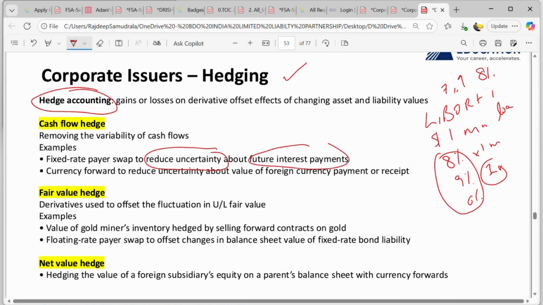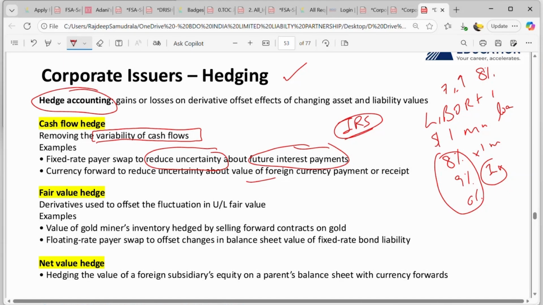So this variability in cash flows, if I'm looking to reduce, I can reduce it by using an interest rate swap. Make sense? I use the interest rate swap to reduce my variability in the interest cash flows, right? And obviously it helps to bring about more certainty. Clear? This is one example.